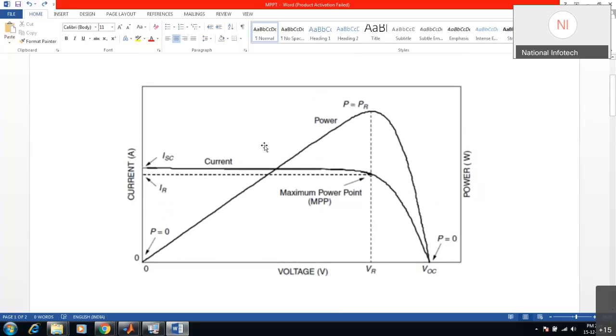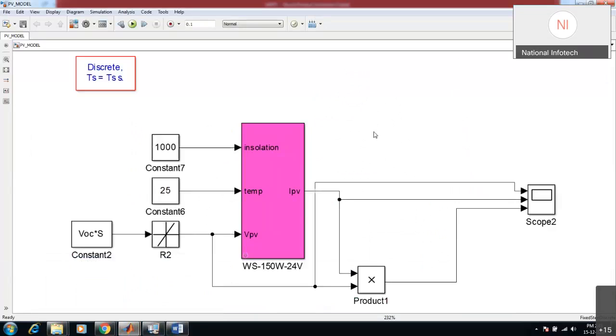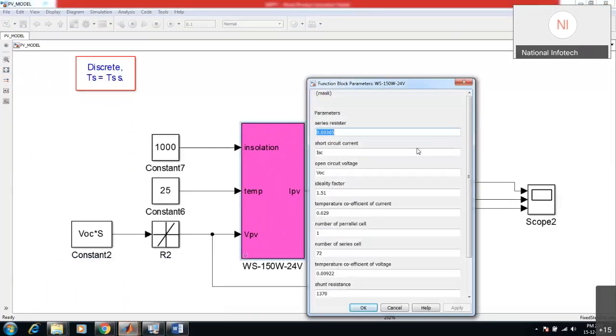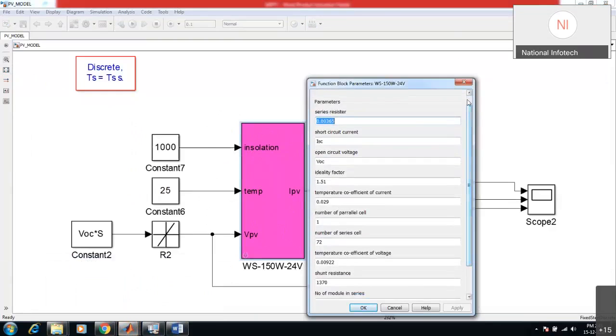So let's say you have this. Let me open the MATLAB. Here in the MATLAB, this is the one panel model we have. We give the panel parameters in this, and accordingly it will give us the specific power of that panel.